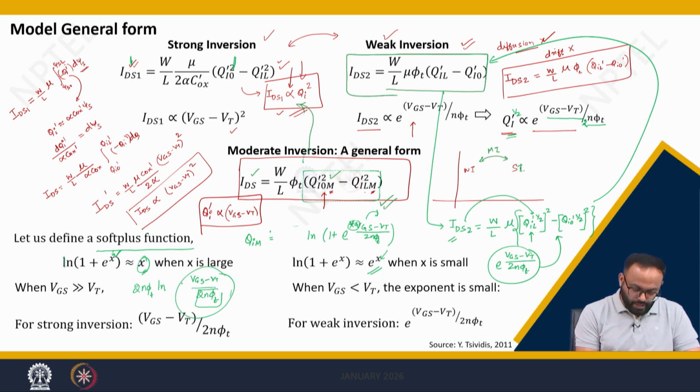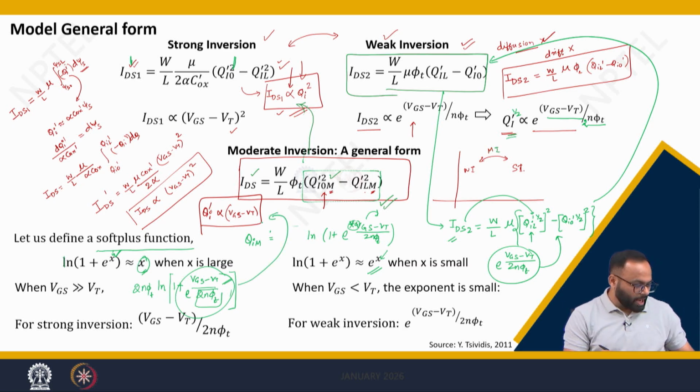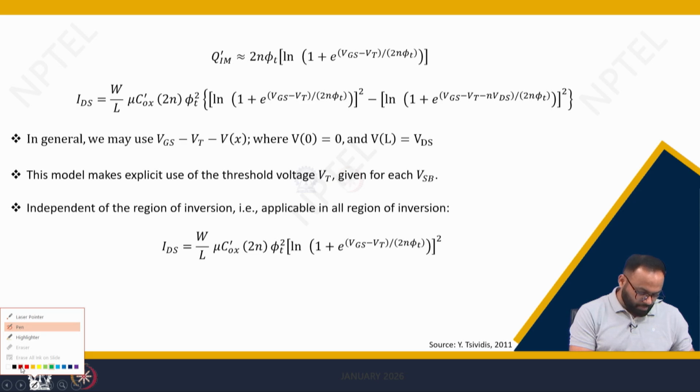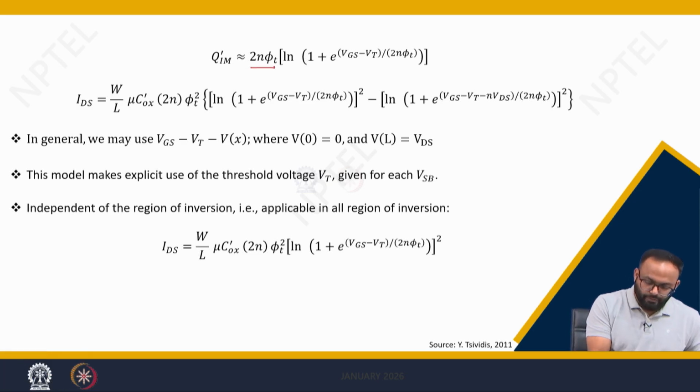And then I need to define log of 1 plus e to the power this, because when you solve this for x large, this will give you Vgs minus Vt divided by 2n phi t, and this 2n phi t will get cancelled. Ultimately you will get this equation. So I can simply rewrite all this exercise in one equation, that is Qim can be defined as 2n phi t log of 1 plus e to the power Vgs minus Vt divided by 2n phi t.